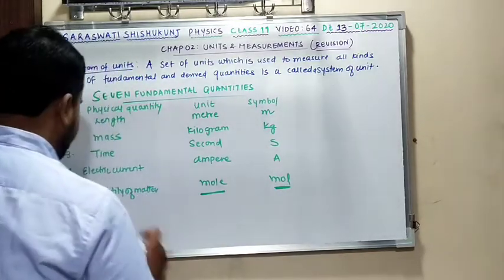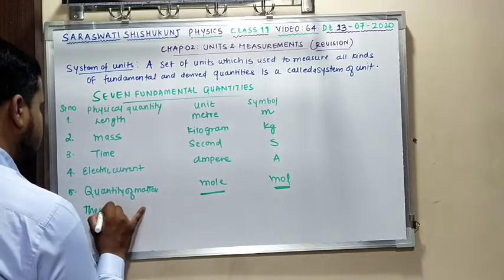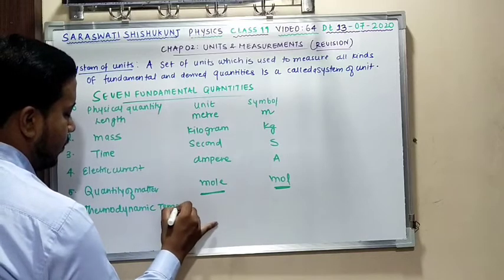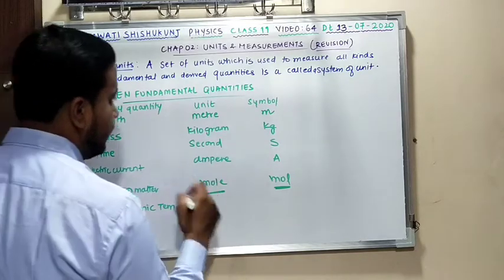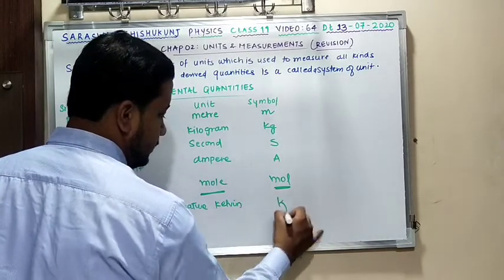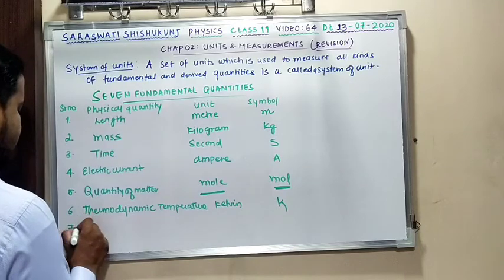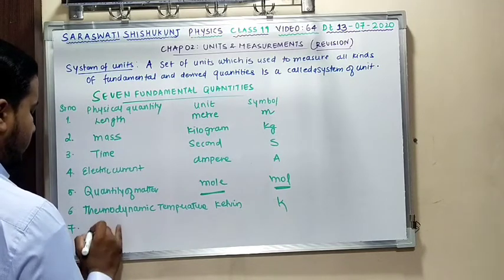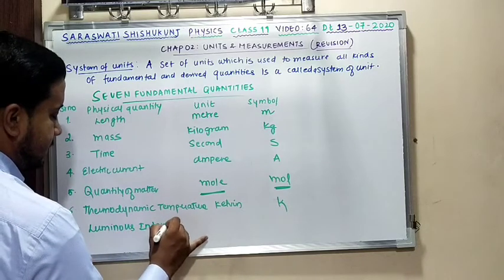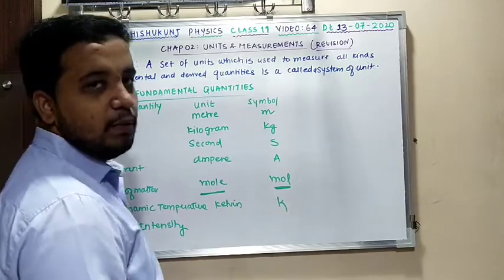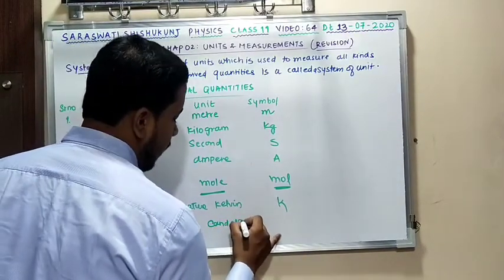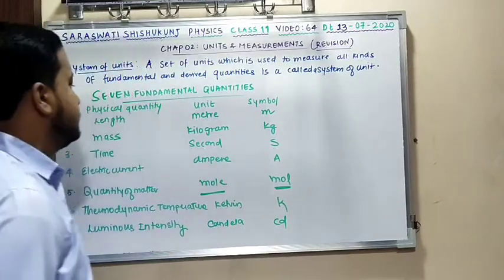Very important. Sixth, thermodynamic temperature, and the unit was named after a scientist, Kelvin, and the symbol is capital K. Last we have the seventh, luminous intensity, that is the intensity of light, the unit is candela and denoted by cd.